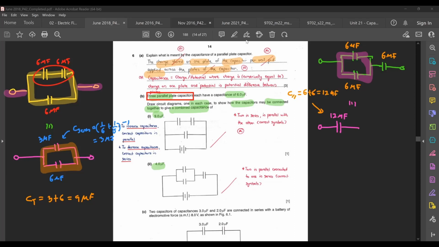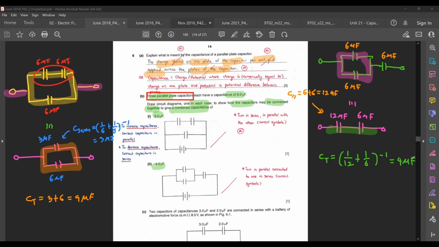So this one is in turn connected to another capacitor of 6 microfarad. Because this is now connected in series, I add the capacitance up like I would resistances in parallel. So this one is 1/12 plus 1/6, to the power -1, giving me 4 microfarads.